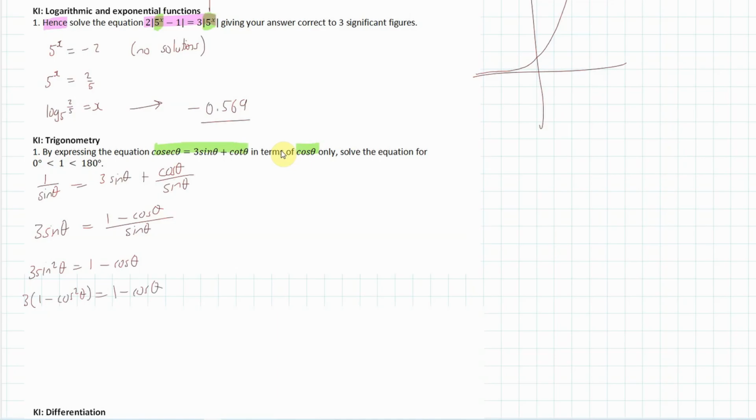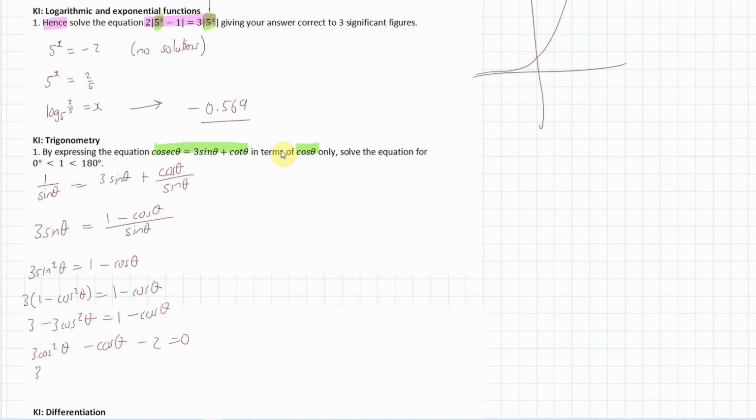And we're getting there. 3 minus 3 cosine squared theta equals 1 minus cosine theta. So we bring everything across to one side. So we're getting 3 cosine squared theta minus cosine theta minus 2 equals 0.